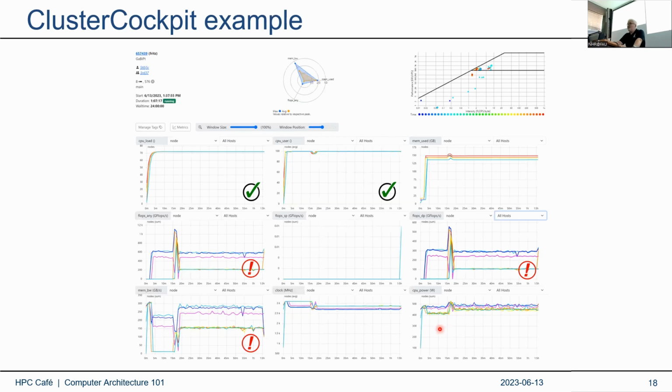And also, how should I set the clock frequency? Some codes do not even suffer if you set the clock frequency to the lowest possible value on Fritz, 1.2 gigahertz, because they're memory bound. And you can save a lot of energy by reducing the clock frequency. Right now, we don't make you suffer for using a lot of energy. That may change in the future. I don't know.